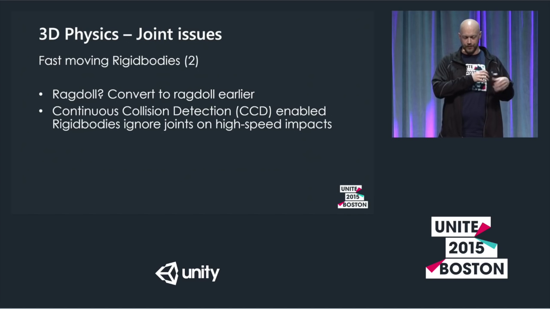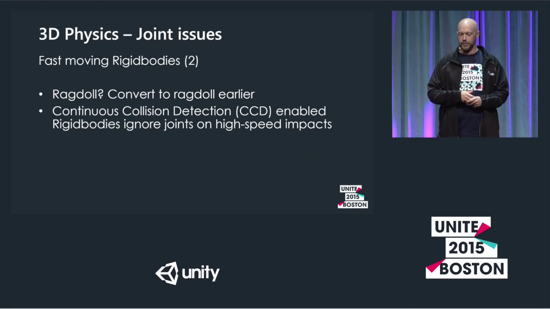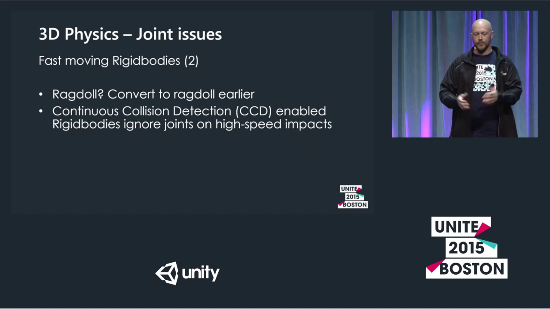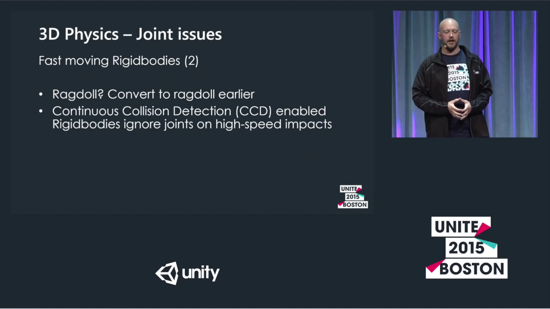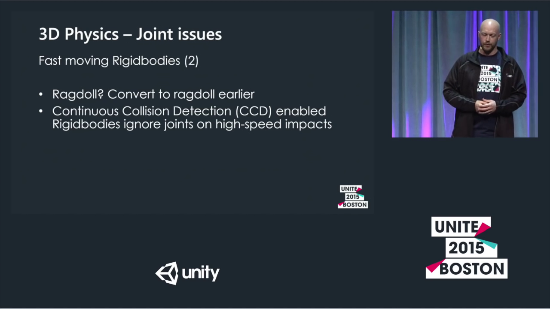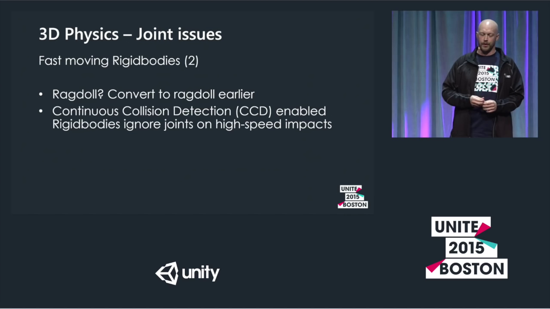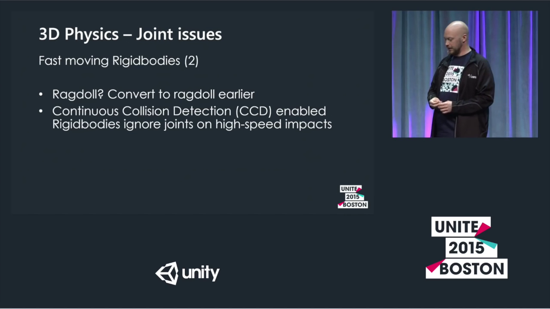Then the CCD system will resolve the impact and ignore the joint. So on the next frame, the joint will be completely violated, and then it can do the famous exploding thing where some things can fly apart, and that's not always super nice. I'll be talking a little bit later about what you can do with joints that are violated.